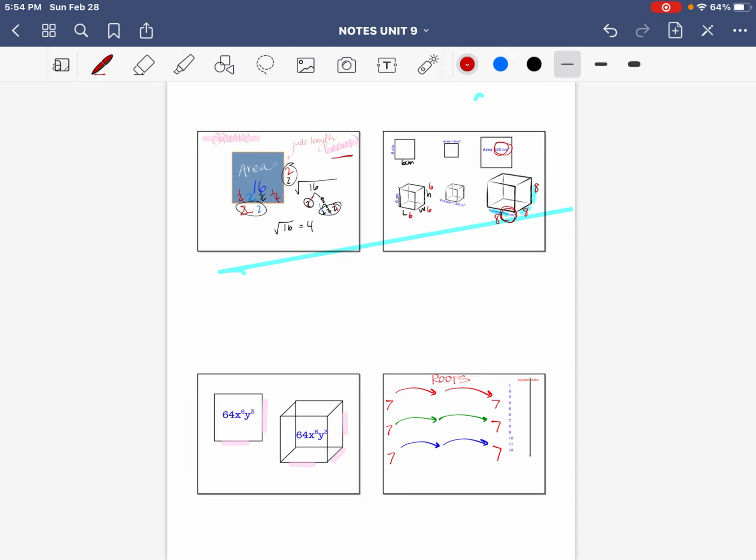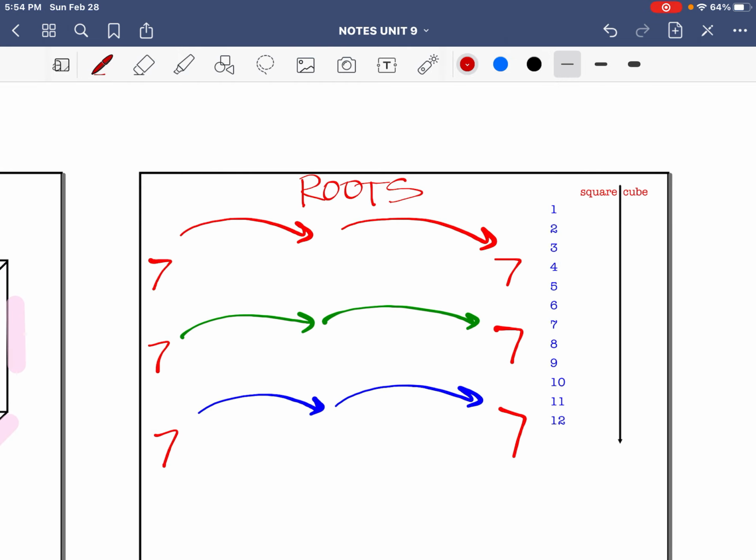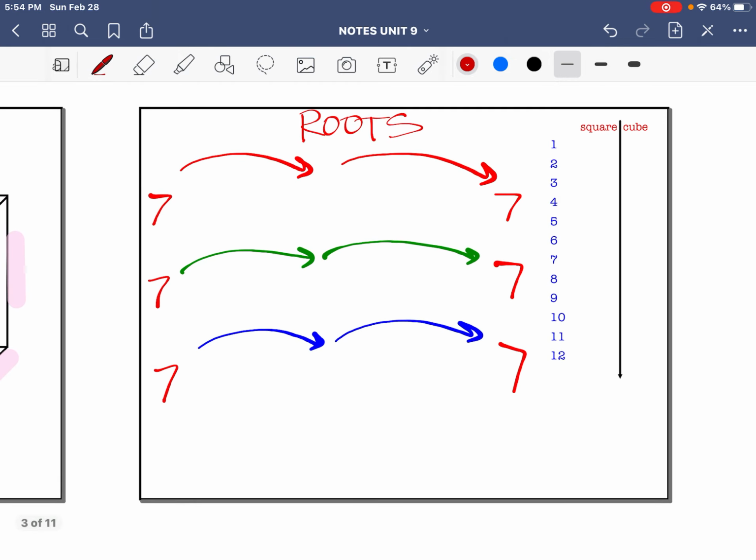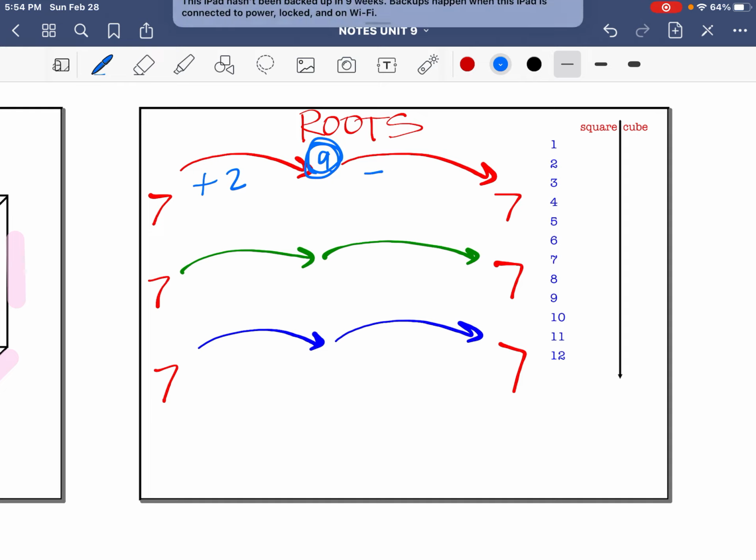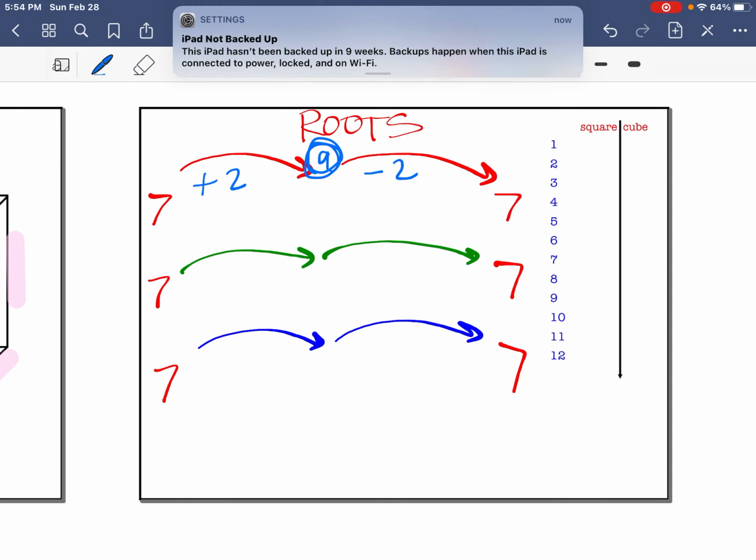So let's look and see what a square root even is. When we're talking about numbers, if we have 7 and we add 2, that takes us to 9. And if we need to get back to 7, then we're going to subtract 2.